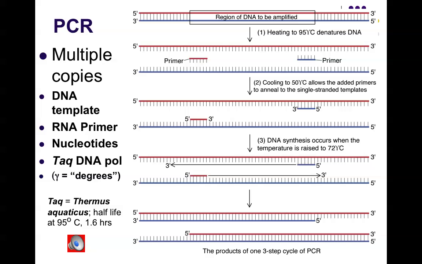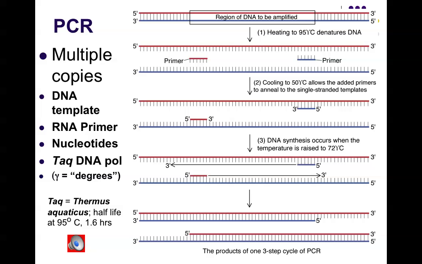Now the most common DNA polymerases used today are the thermophilic DNA polymerases derived from microorganisms found in extremely hot temperatures. And one of the first was the DNA polymerase derived from Thermus aquaticus, or Taq DNA polymerase.